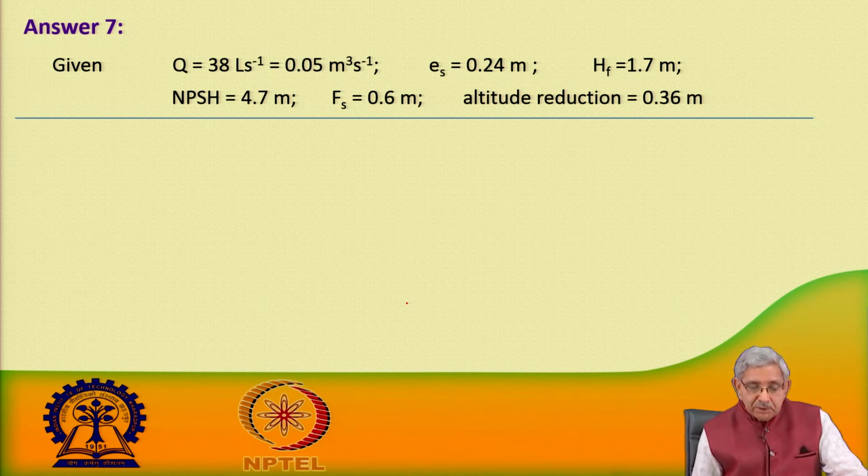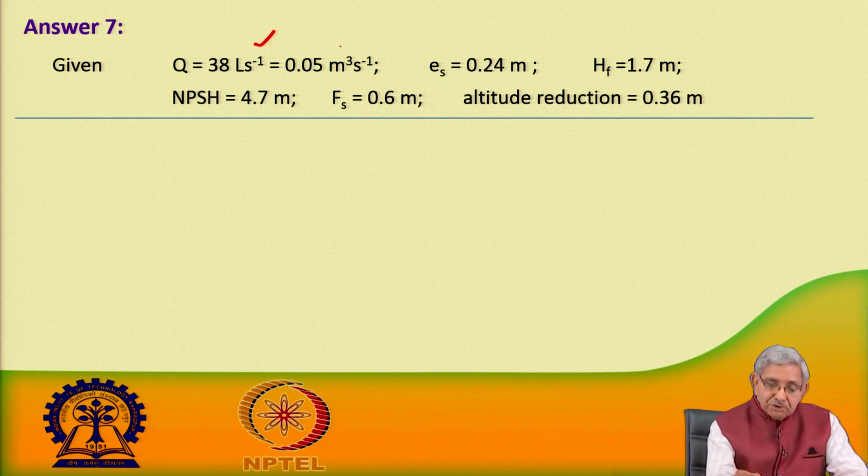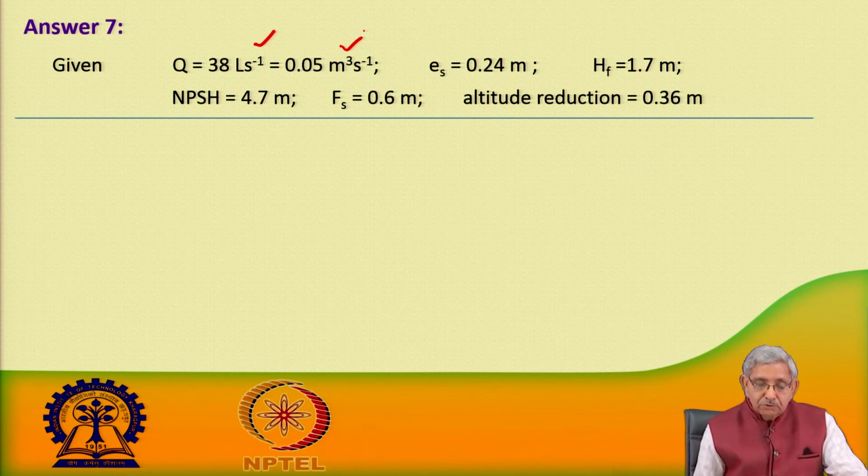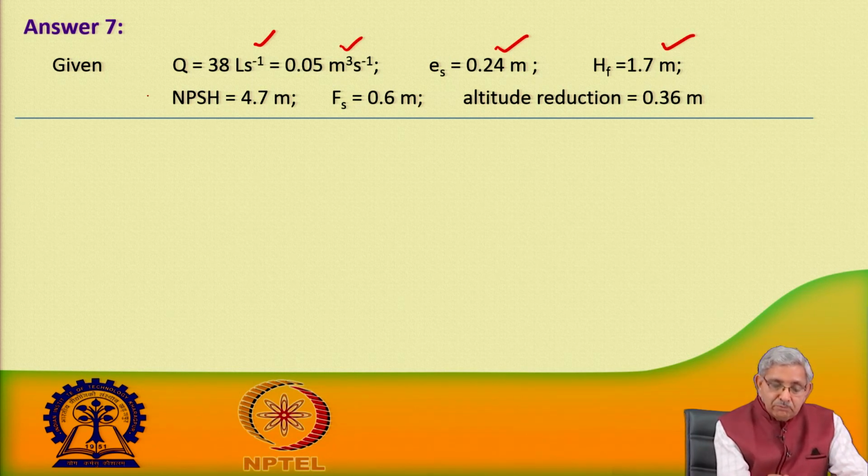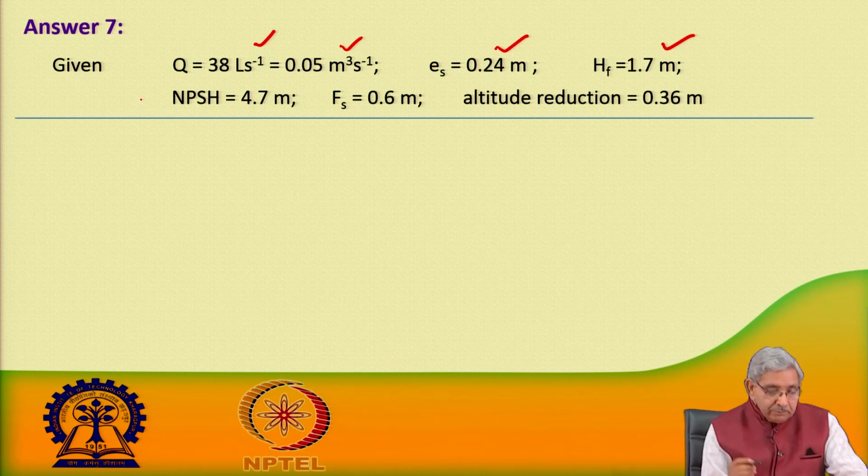I am just repeating the data. We have been given pump discharge of 38 liter per second, which is equivalent to 0.038 cubic meter per second. We are given the vapor pressure value as 0.24, head loss due to friction in the pipeline and fittings as 1.7 meter, and net positive suction head, that is NPSH, as 4.7 meter.